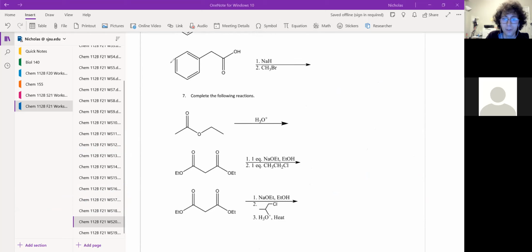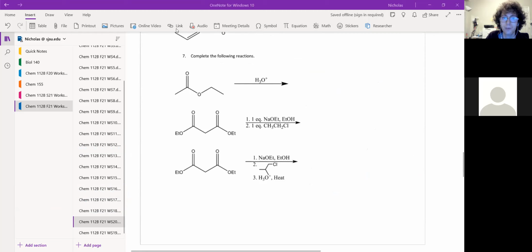I think I'm just going to go through these so I don't go too far over the time. So we're starting with an ester here. We're adding H3O plus to it. Remember from before, if you have H3O plus, that means that there's also water. You can't have H3O plus without water. They come together.